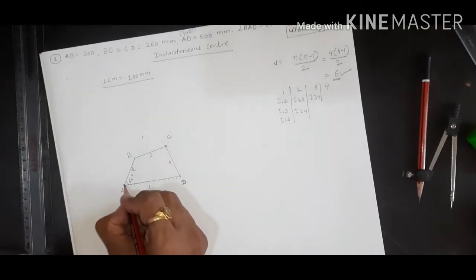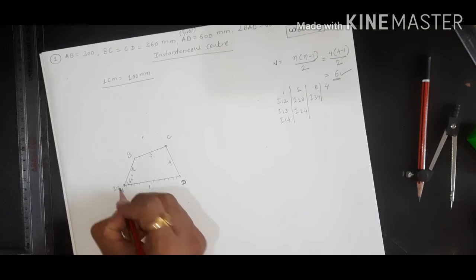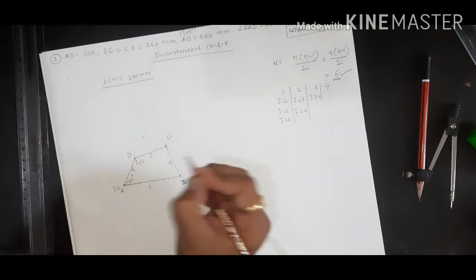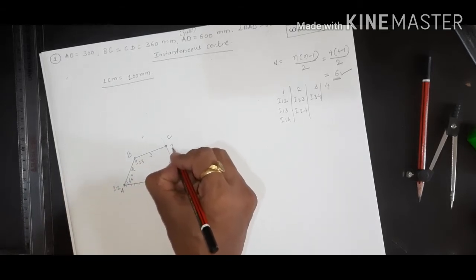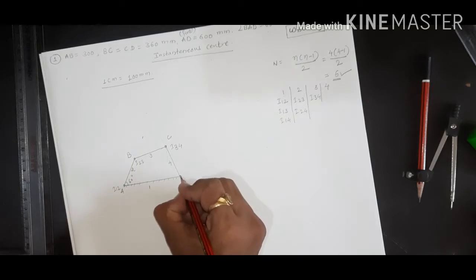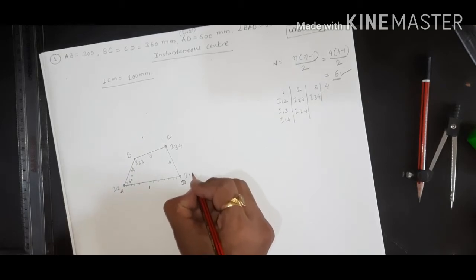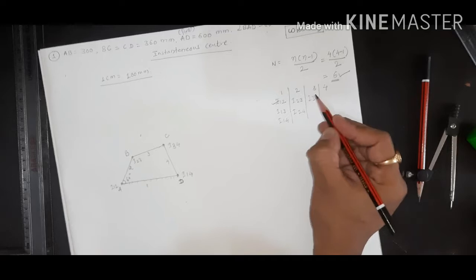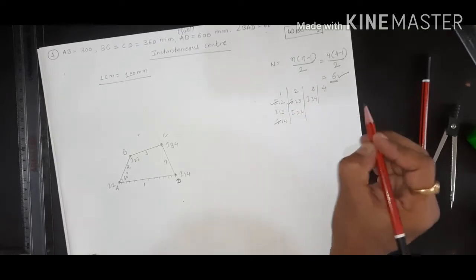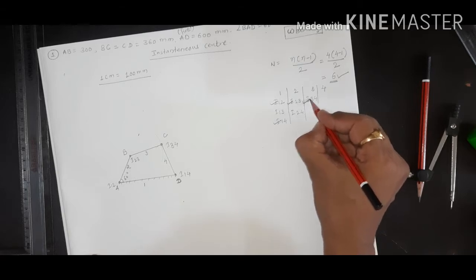So this point will be I12, this point will be I23, this point is I34 and this eye center will be I14. So I12, I14, I23 and I34 we have located.